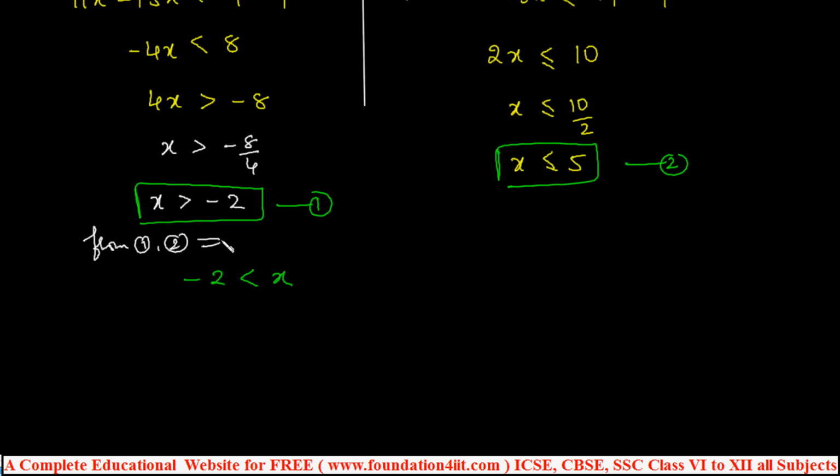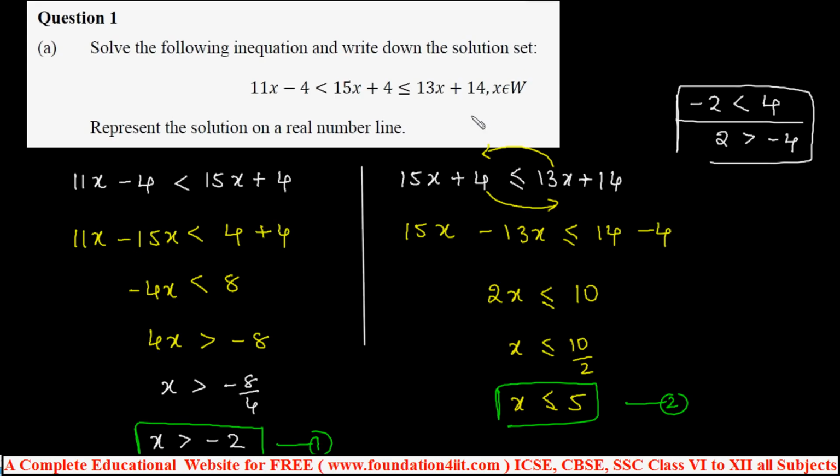From 1 and 2 we can write: minus 2 is less than x, and again x less than or equal to 5. That means x is in between minus 2 and 5. 5 is included, minus 2 is not included, because minus 2 is less than x and x is less than or equal to 5. If you observe the question, x belongs to the whole numbers and we should represent the solution on the number line.